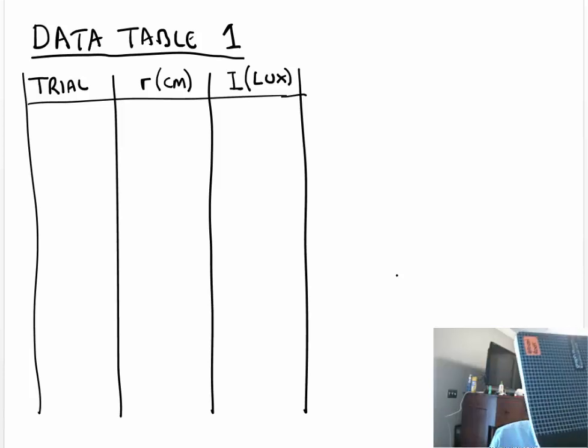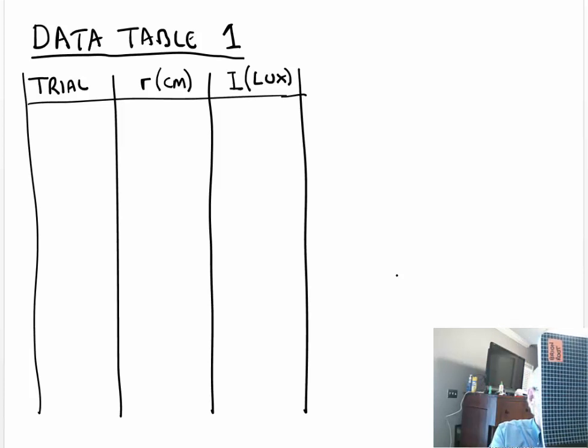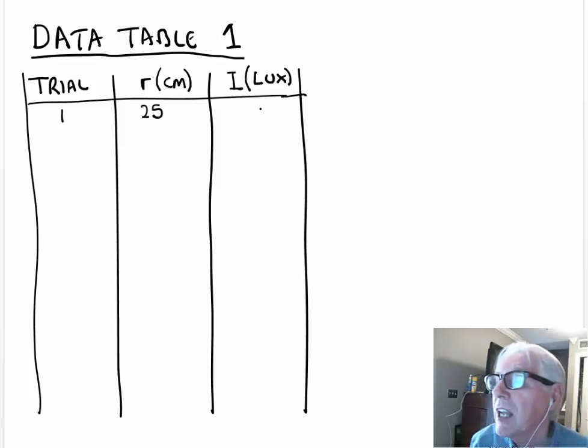So looking at my data, I can see, let's have a look, the smallest separation was, yep, it looks like 25 centimeters. So this was trial 1 and it was 25 centimeters, and for that it was 138 lux.